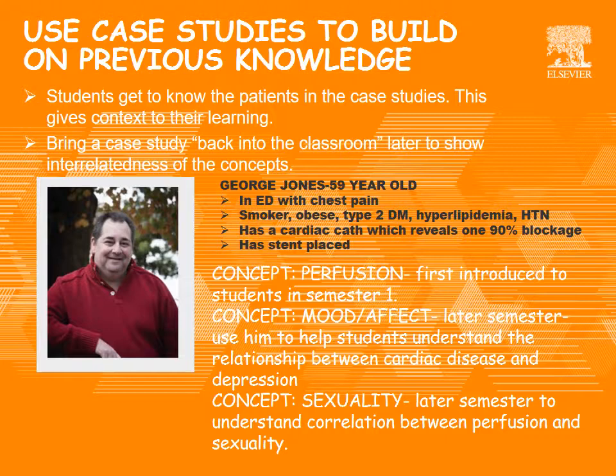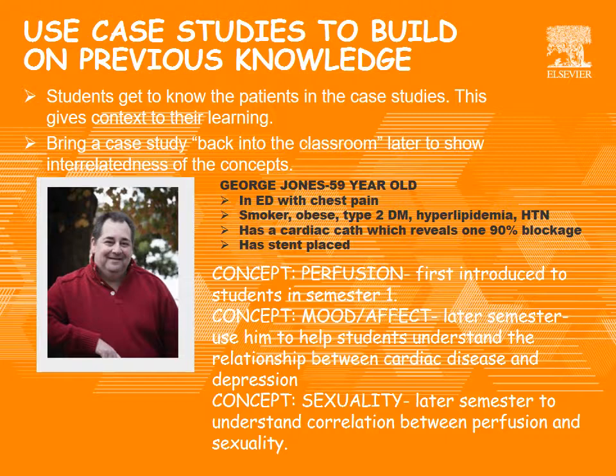I can again use George Jones in another semester, maybe the concept of sexuality, and help the student to understand first and foremost the correlation between perfusion and sexuality. But maybe George Jones has recently married, he's had another cardiac episode, he comes into the hospital, we find out that he's been taking medications for erectile dysfunction.